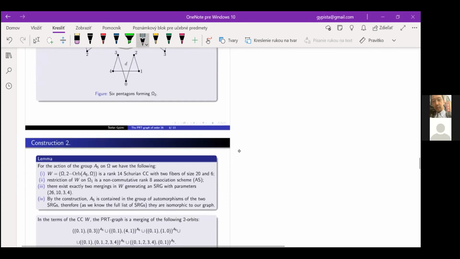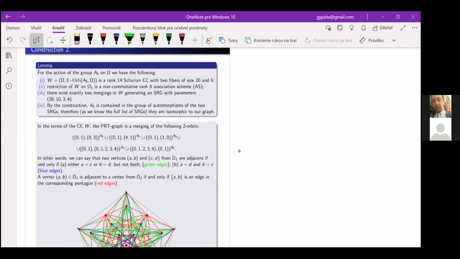We already know that if we take a permutation group, then we can obtain from it a Schurian coherent configuration. Exactly doing this, we obtain the Schurian coherent configuration W, which corresponds to this action. And this coherent configuration is of rank 14.